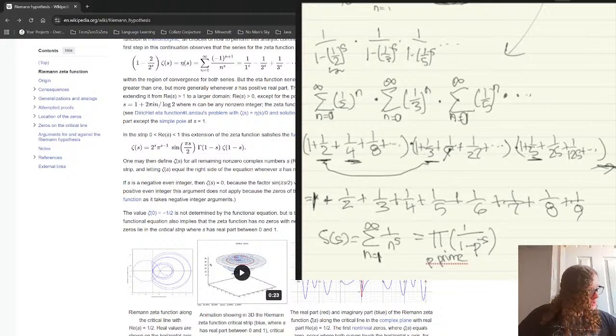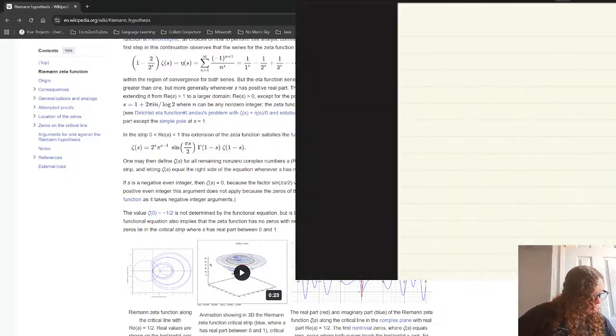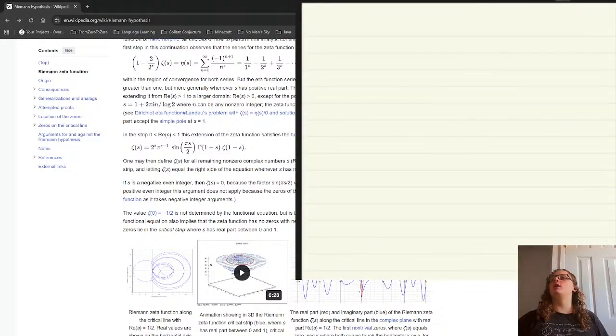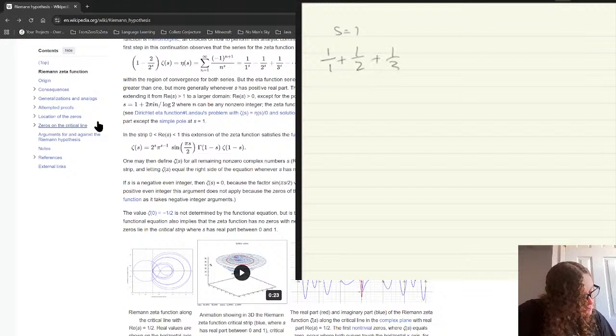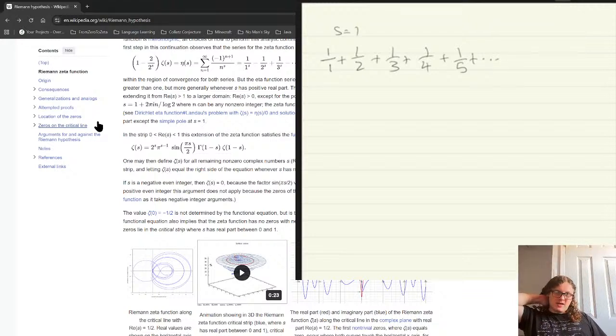Another thing we know about this series is if we let s equal 1, then we have the series 1 over 1 plus 1 over 2 plus 1 over 3 plus 1 over 4 plus 1 over 5, etc. And we know for a fact that this sum goes to infinity.